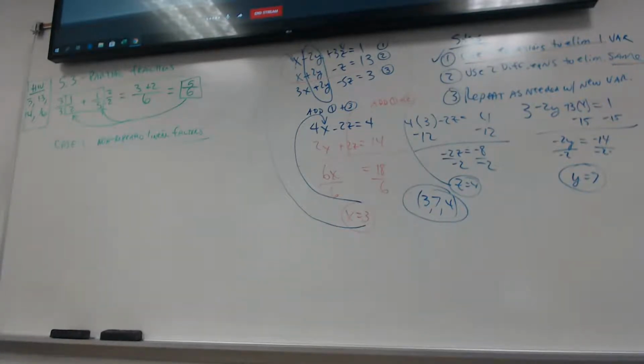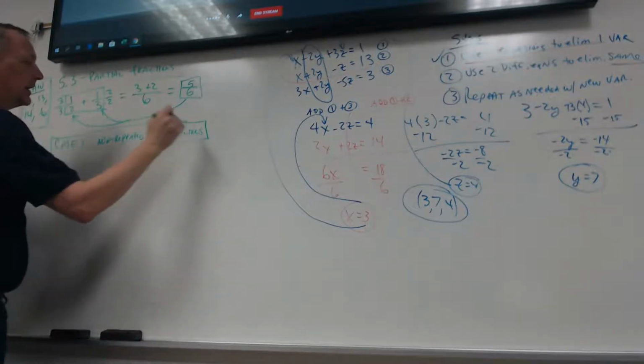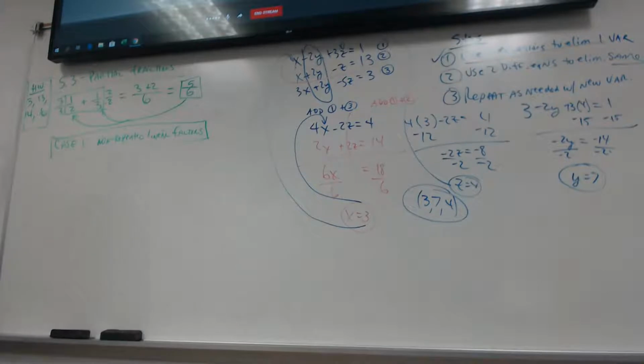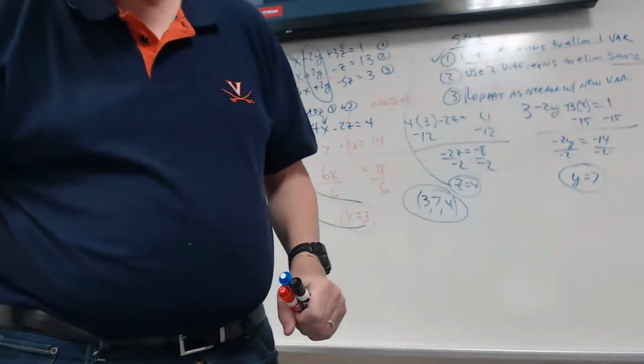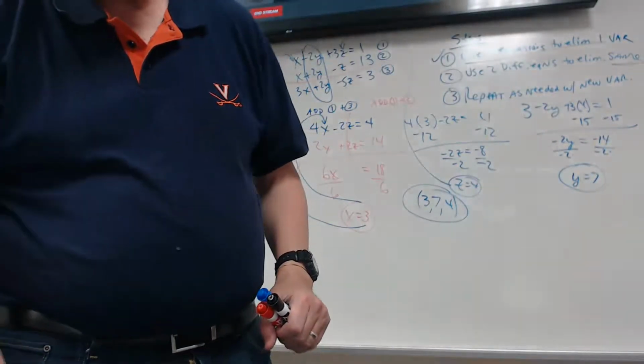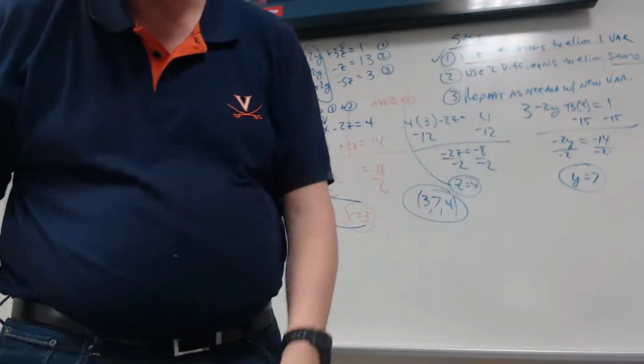Okay? All right, so case number 1, we're going to talk about non-repeated linear factors. Okay, so this will work for all 4 of these problems I've assigned. So in the case of this, let's go ahead and we're going to do a problem here.